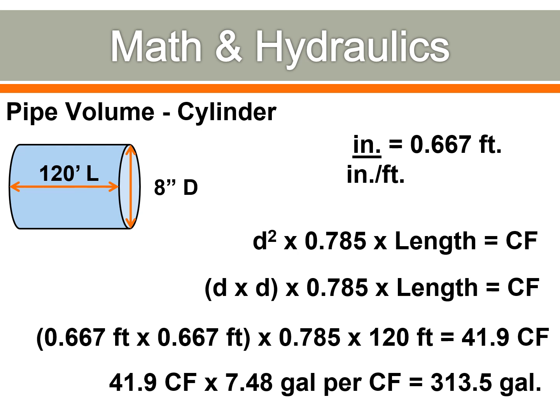It's just the degree of accuracy which you are trying to achieve. So in this example, I've used 0.667 times 0.667 times 0.785 times 120 feet, which gives you 41.9 cubic feet. And then if we were solving for gallons in this case, you would take that 41.9 times 7.48 gallons per cubic foot, and you would get 313.5 gallons.